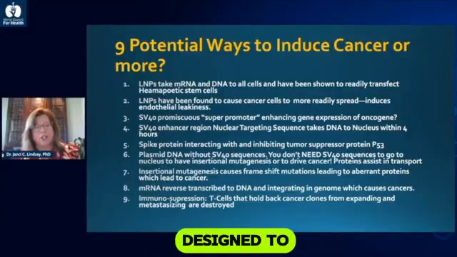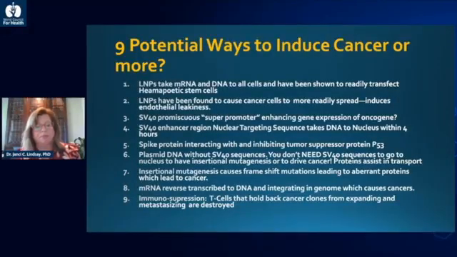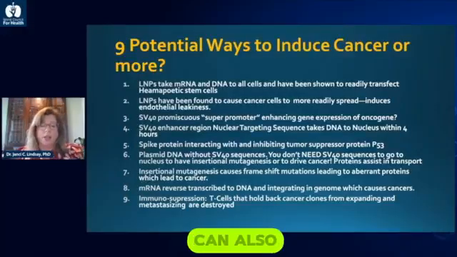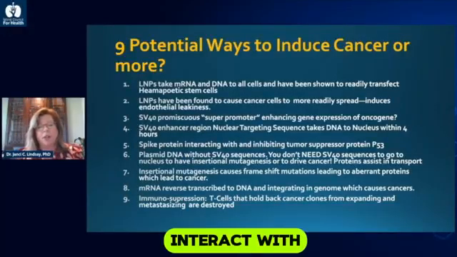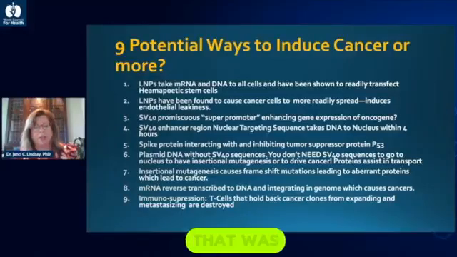It is designed to do that so that you get effective insertional gene therapy. So the spike protein itself can also interact with and inhibit the tumor suppressor protein p53. That was shown pretty early on.